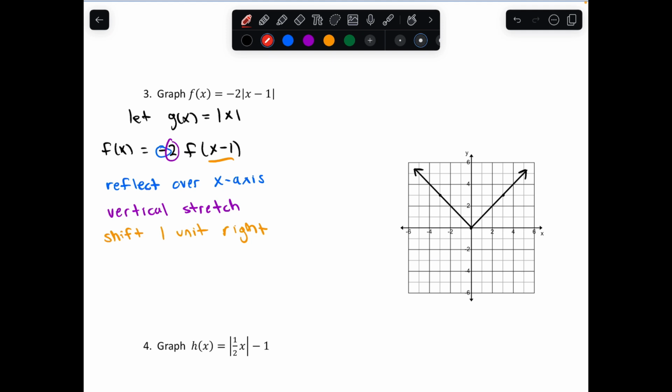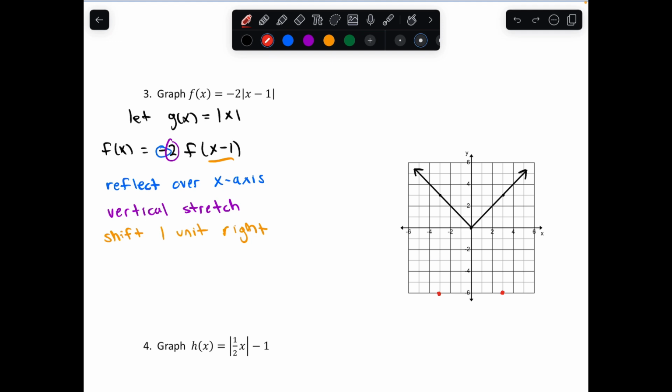So this positive 3 and this positive 3 will then become negative 3's. So they'll be down here. But now I need to multiply them by 2. So when I multiply them by 2, they'll be down here at negative 6. And I'm going to go ahead and erase my intermediary points. But now I have one more rule. I have to shift them to the right by 1 unit.